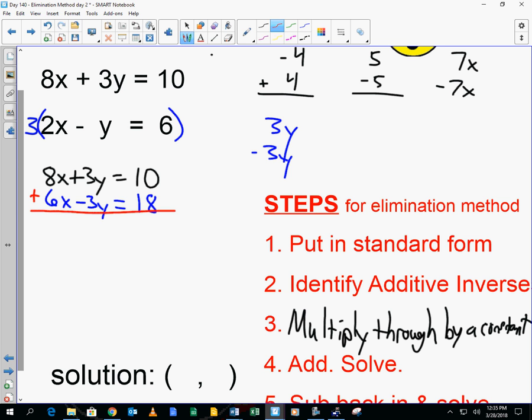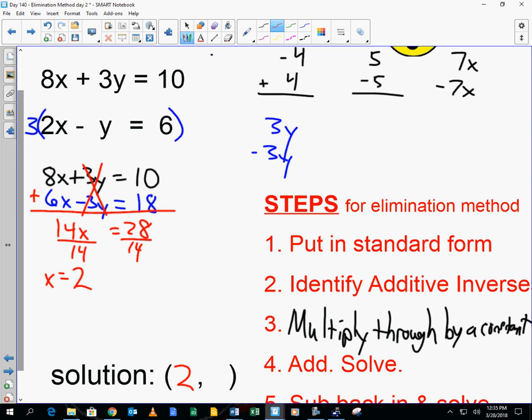What's going to cancel? 8x plus 6x is 14x. Okay, the 3y and negative 3y make 0. What is 10 and 18? 28. Divide by 14, and I get x is 2. So the x value of my solution set is 2.